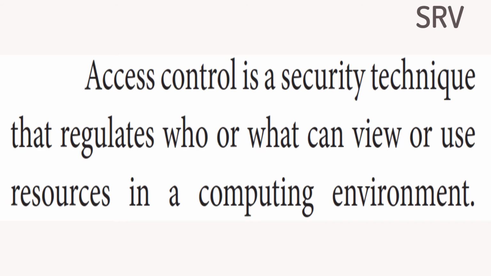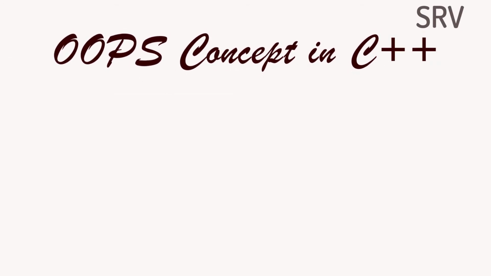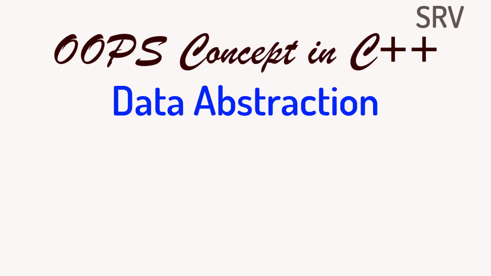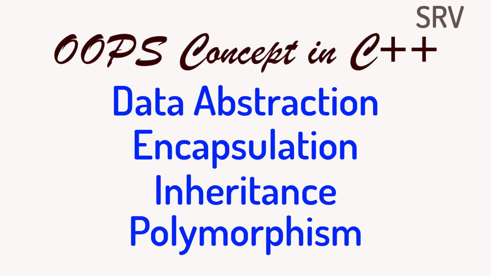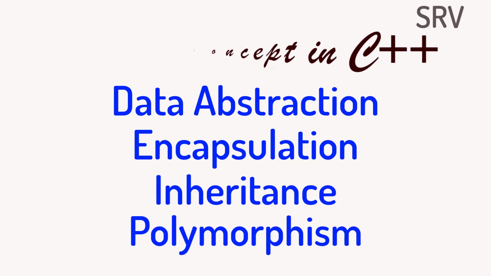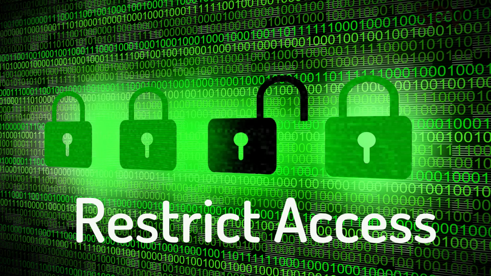We can relate the security techniques to OOPS concepts in C++. That is data abstraction, encapsulation, inheritance, polymorphism, etc. If we want to restrict the access of a few parts of a program, we can do it using data abstraction.